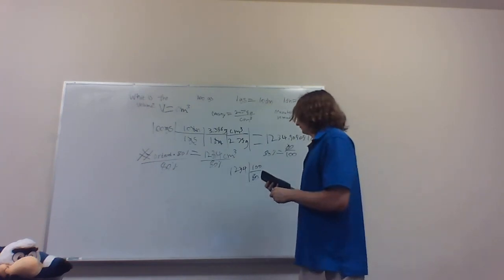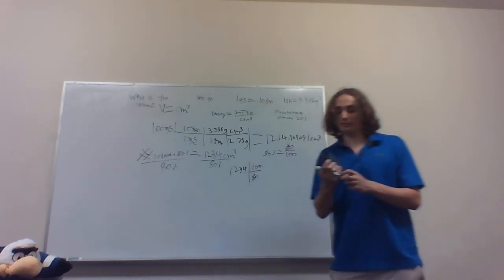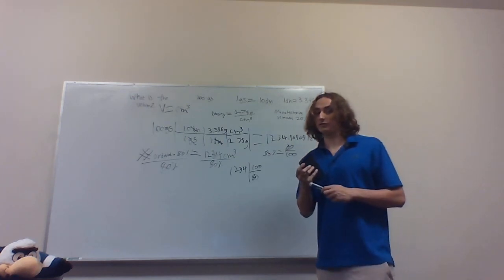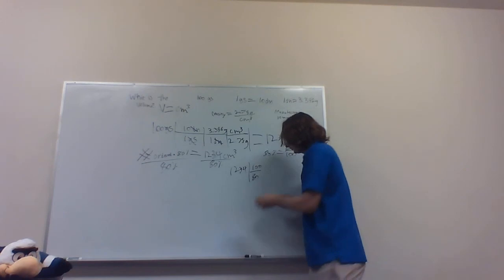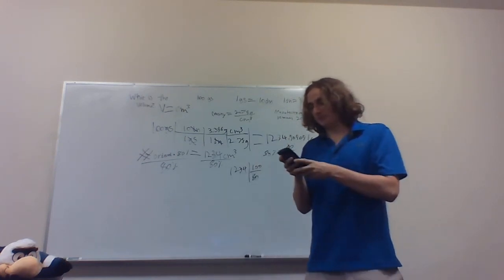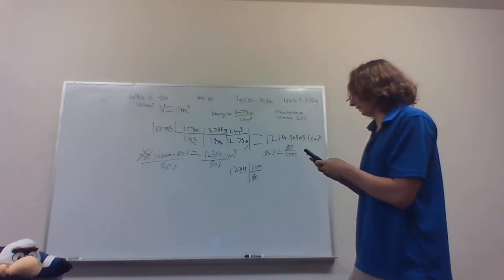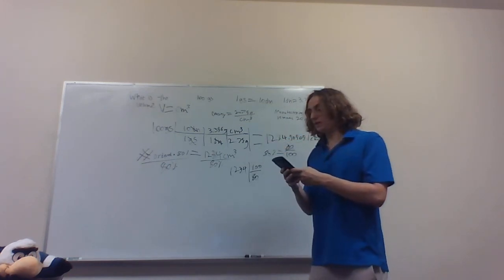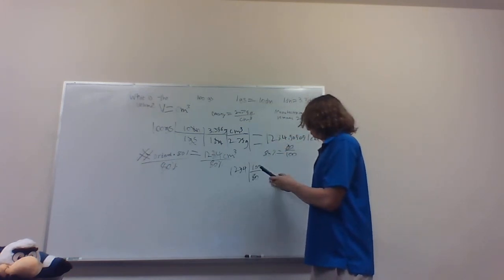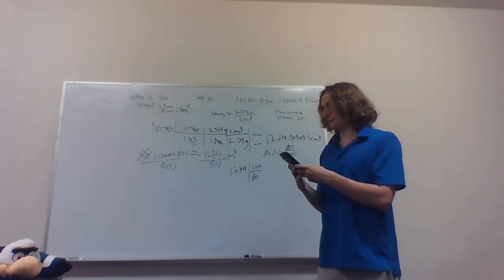And I wrote 12, 20, 34 out right there, but don't actually do that in your calculator. Use the full number. I just wrote it out there because I didn't feel like writing it all out again. Sorry, guys. So then we need to plug in this number to our calculator, multiply it by 100, then divide by 80.